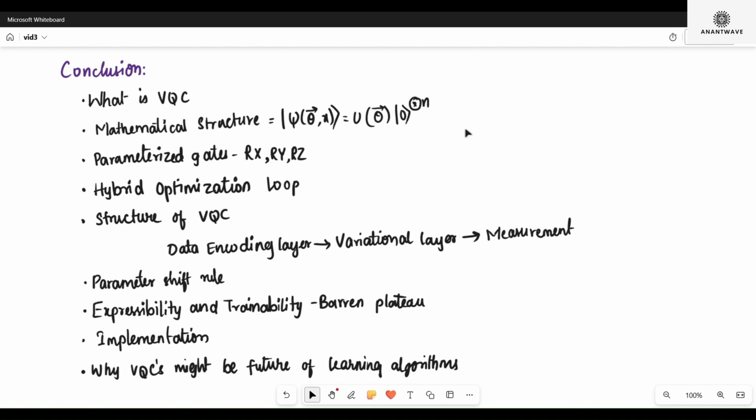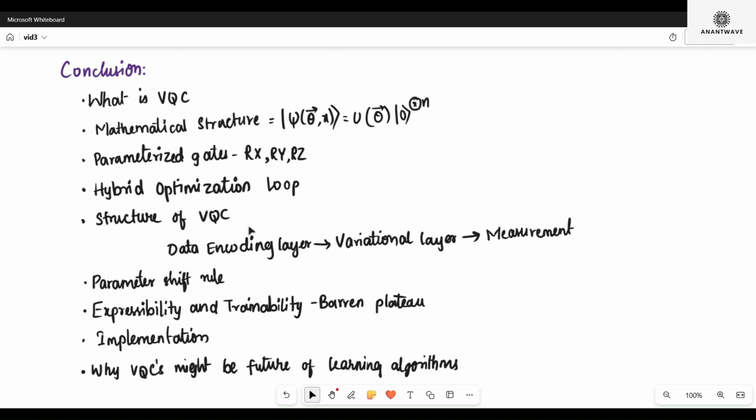And then parameterized gates like Ry, Rz, and Rx, where theta provides continuous control over qubit states, enabling the circuit to adapt and learn. And then the hybrid optimization loop. The quantum circuit prepares and measures states. Classical optimizers update parameters to minimize the cost function. These loops iterate continuously until convergence.